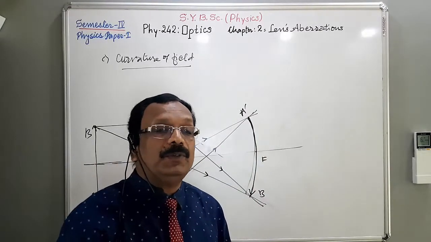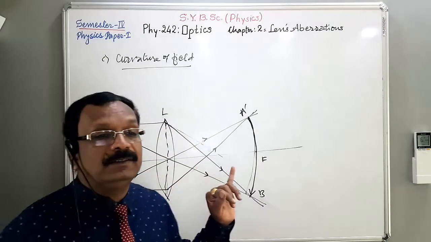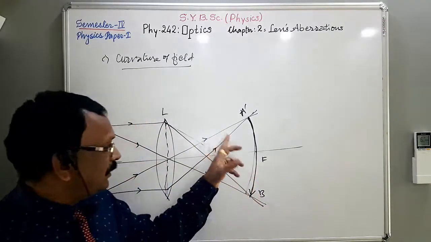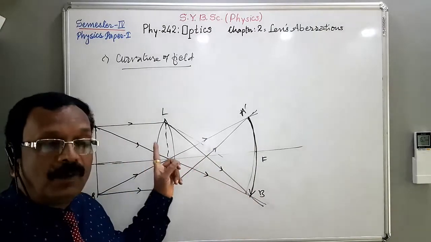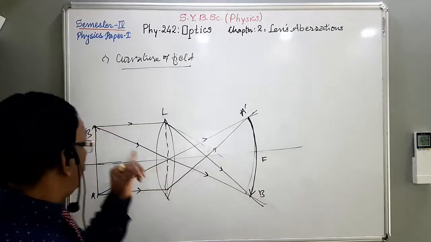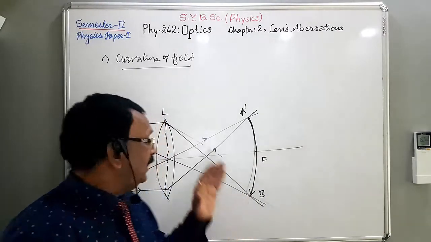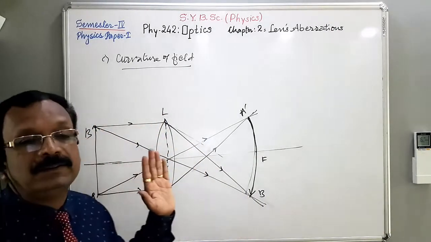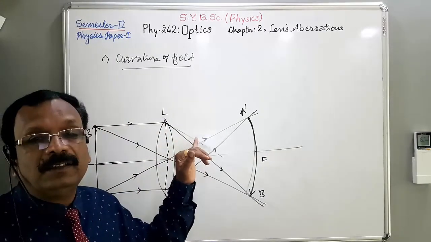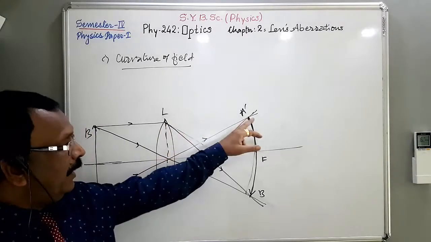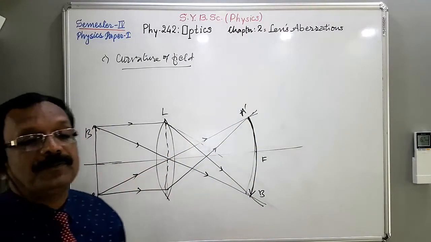This figure illustrates the presence of curvature of field in the image formed by the convex lens. The extended object AB is placed in front of the convex lens L, which forms image A prime B prime of object AB.